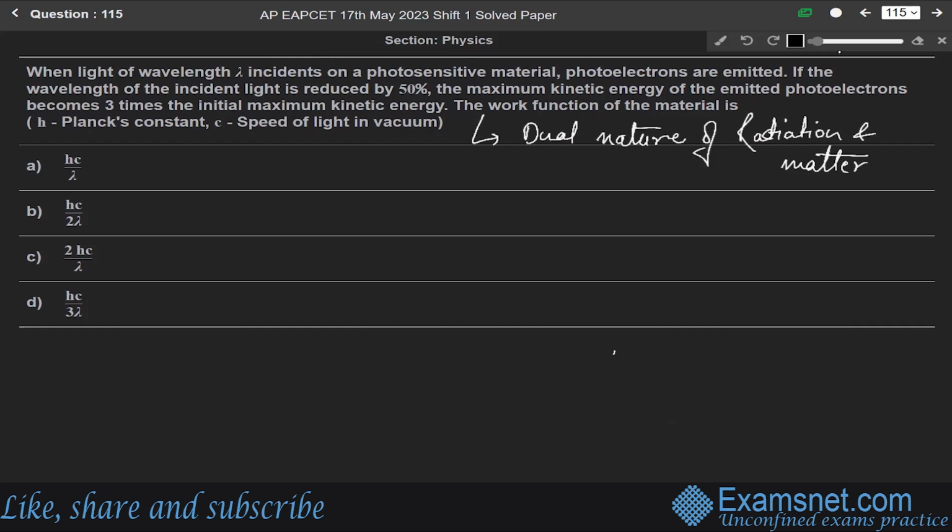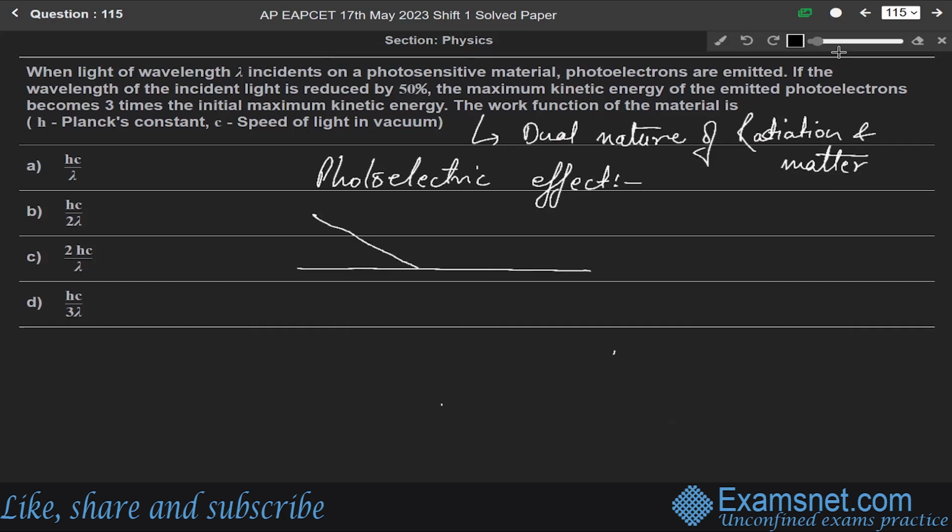We know that from the photoelectric effect, when light of sufficient frequency, let us say with wavelength lambda, falls on the surface of the metal, electrons are emitted from the surface, and these electrons are called photoelectrons.